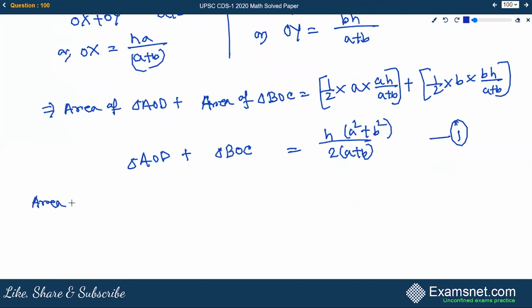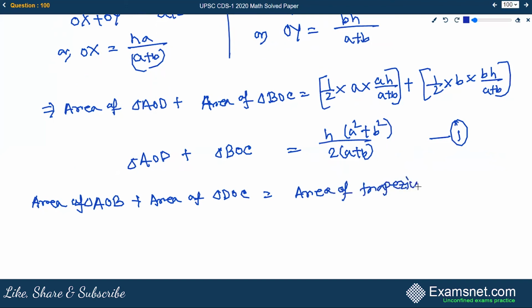Area of triangle AOB plus area of triangle DOC, that is, if we subtract the area from the area of the trapezium, area of trapezium ABCD minus area of AOD and area of BOC.